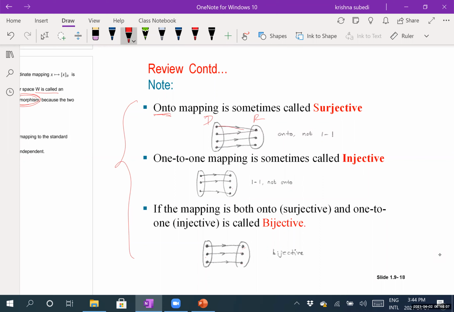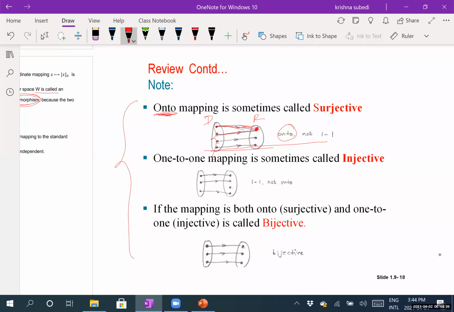But there are some in the range, in R, where it is associated with two or more than two members. This kind of mapping is called onto. It is not one-to-one. Okay, onto but not one-to-one, because there are two guys going to the same member here. Two members from D are going to the same one member there, so that means it is just onto but not one-to-one.